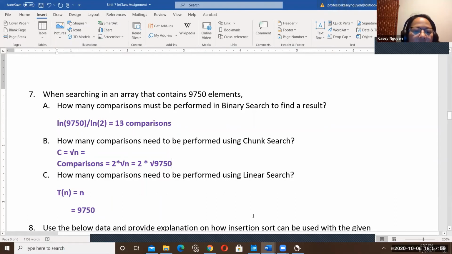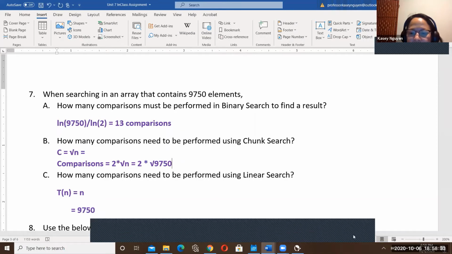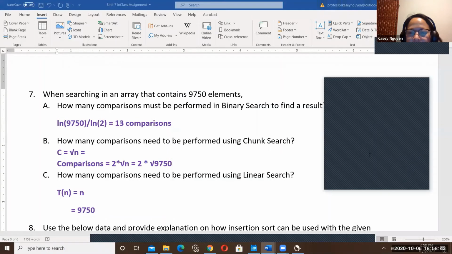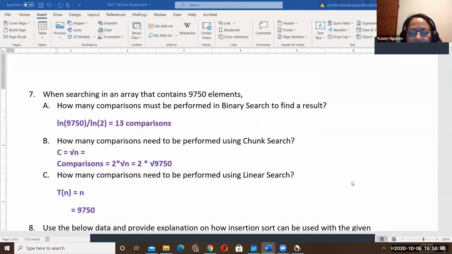And then part C would be 9750 because T of n is n. Any question?